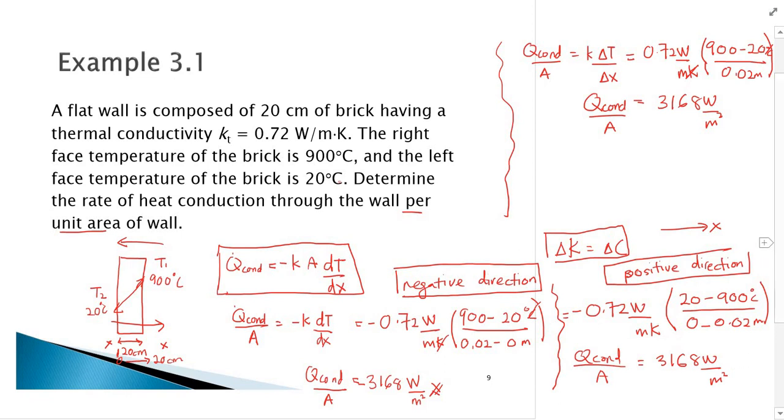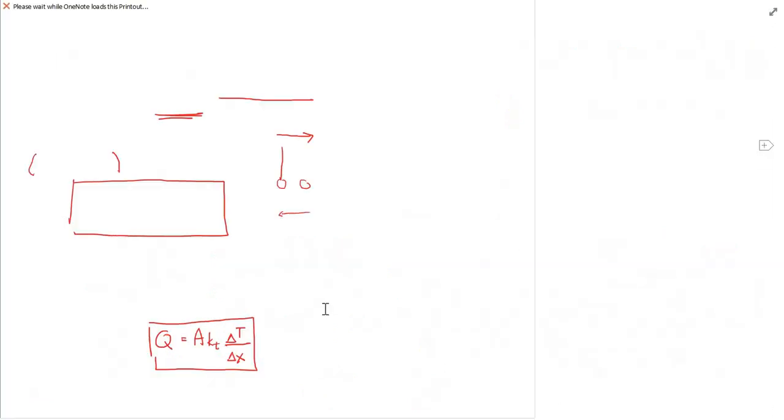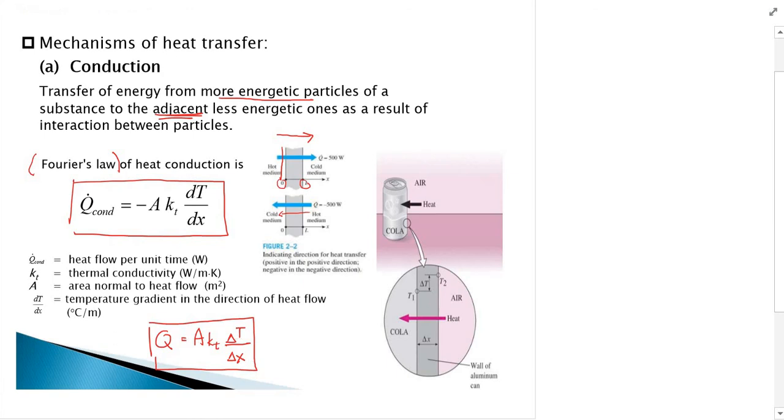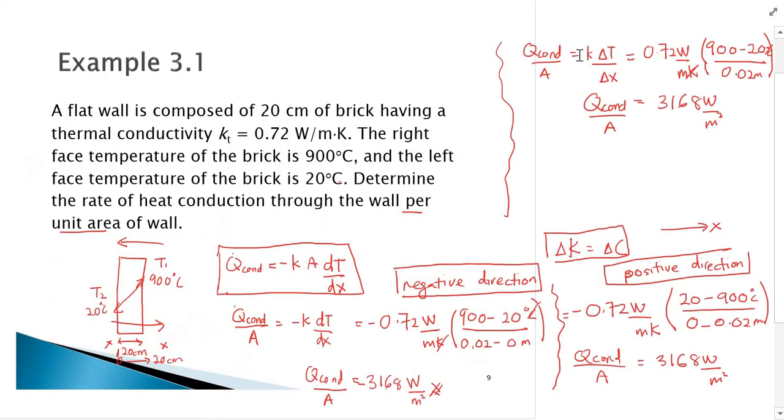Alright. So if you use the equation that I wrote at the bottom here, you can actually omit the negative sign and just put delta T over delta x. Okay, change in T over change in x. And k as 0.72 watt per meter Kelvin.